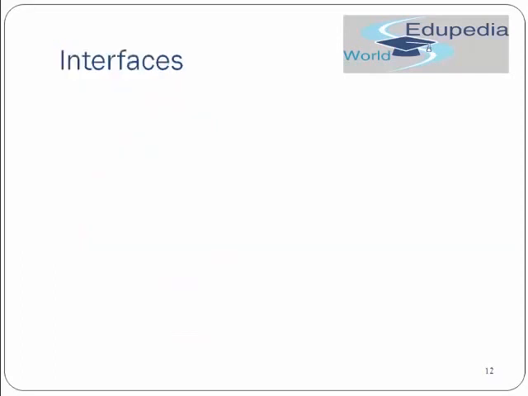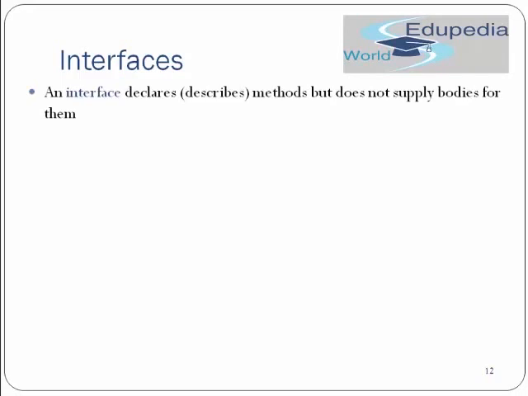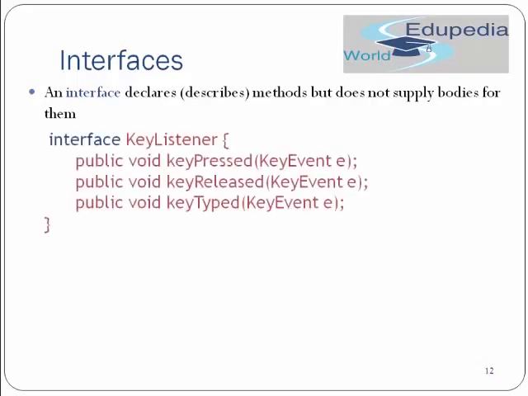So now interfaces. Well, an interface describes methods but does not supply bodies for them. This is the syntax, or the example, of an interface. So what happens in an interface? We have seen that an abstract class also provides methods without supplying bodies for them.